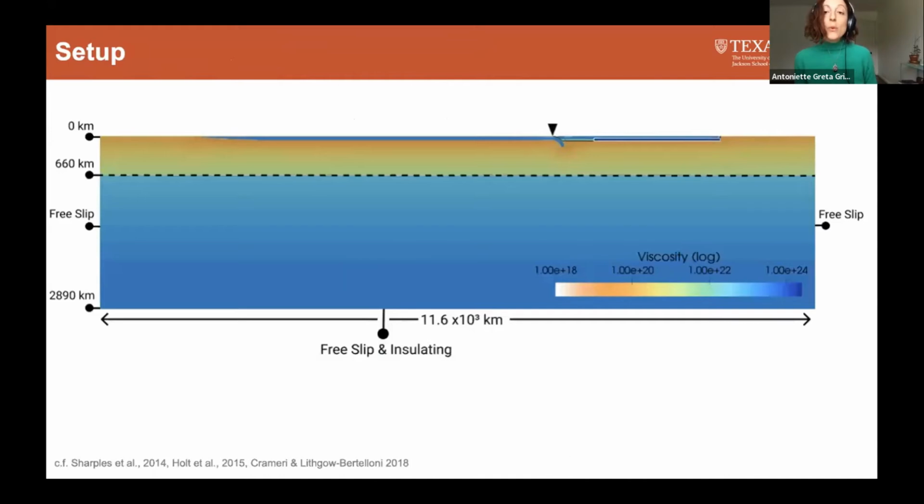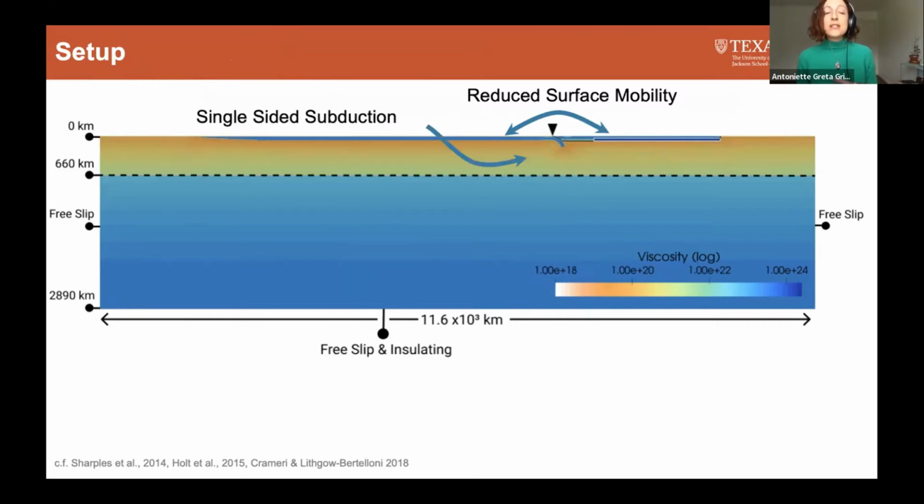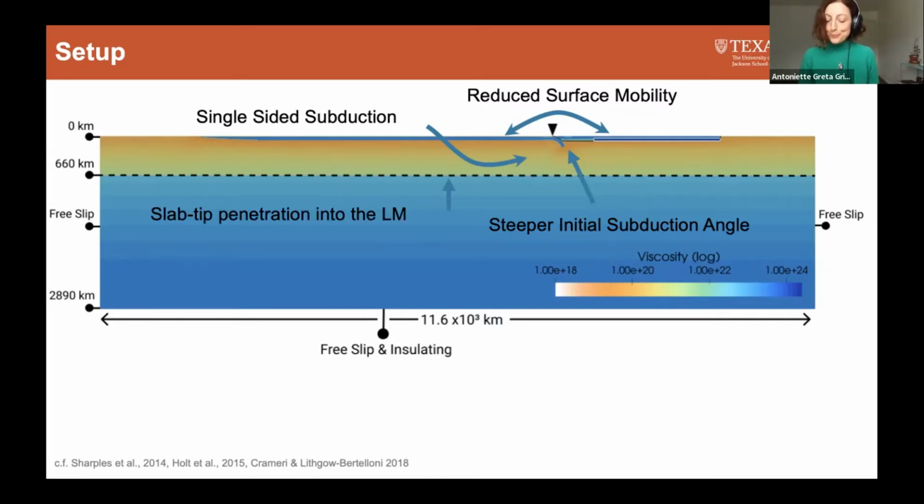We know from previous work that having a continent at the trench is extremely important because it helps to stabilize the plates at the surface. This in turn encourages single-sided subduction, which is what we see on Earth. Furthermore, the continent encourages slabs to have a steeper initial subduction angle, which then encourages slabs to penetrate into the lower mantle.